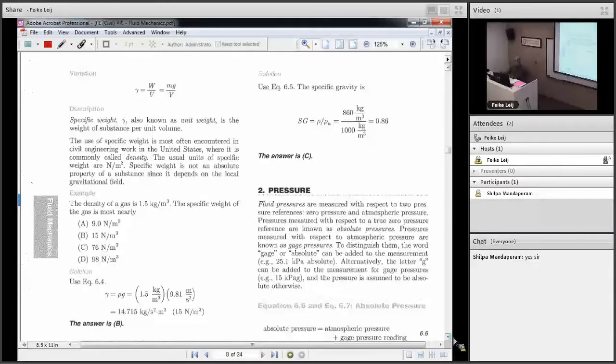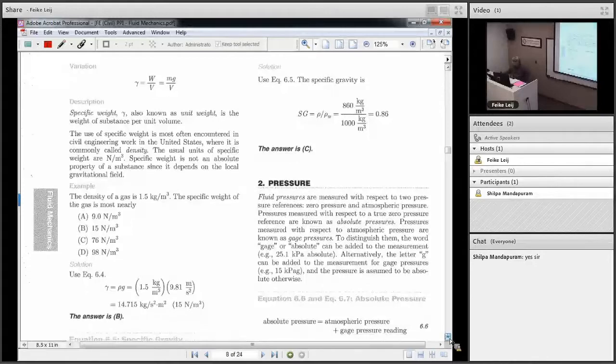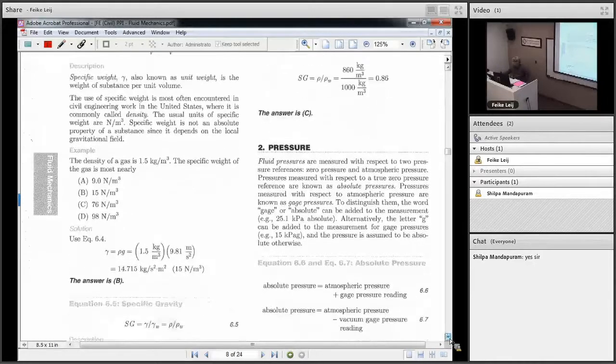And so we unfortunately need to be able to use both US units, 32.2 feet per second square, and SI units, 9.8 meters per second square. So the units for gamma would be either Newton per cubic meter in the SI system or pounds per cubic feet in the US units.